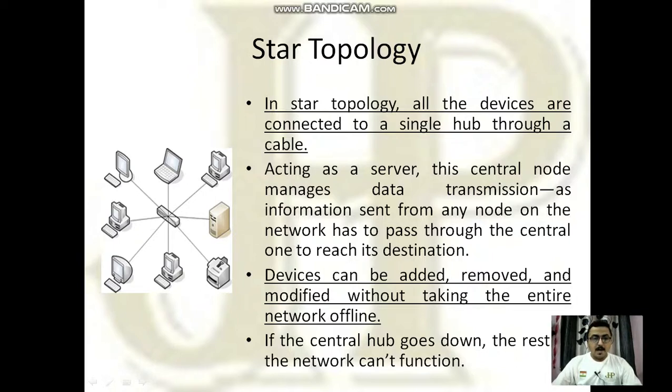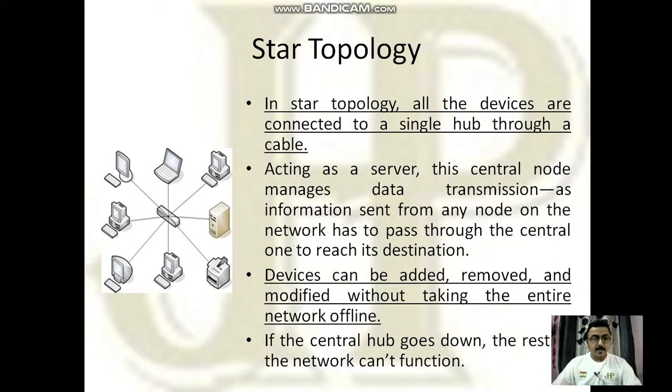These hubs act as a server that manages data transmission, as information sent from any node on the network has to pass through the central one to reach its destination. Okay, so what does it mean?